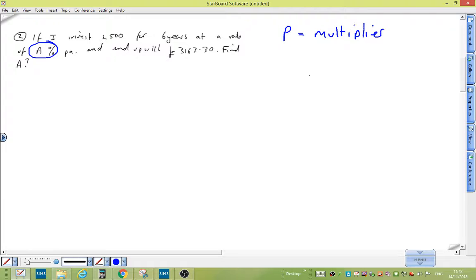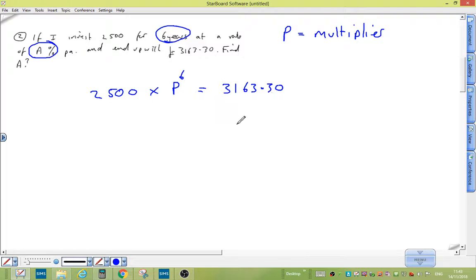The multiplier. Okay, so I end up with £2,500 multiplied by the multiplier raised to the power of 6 years will give me an answer of £3,163.30.